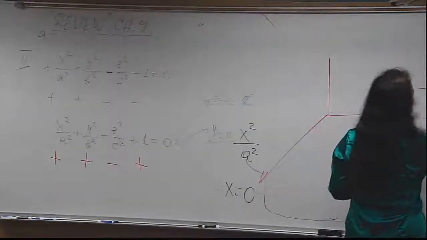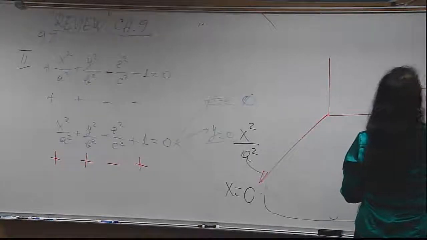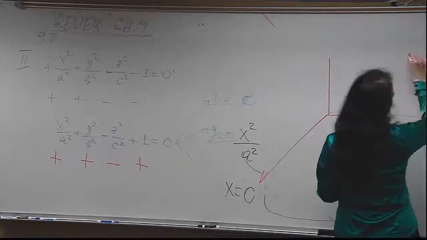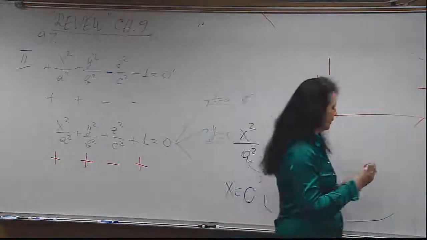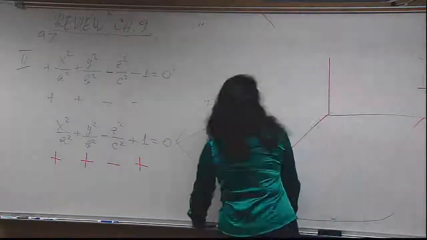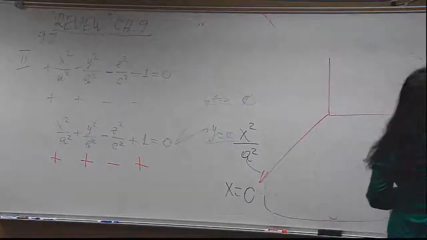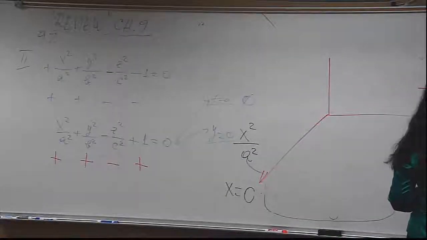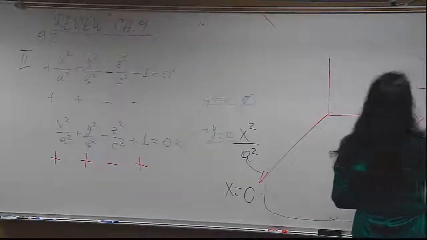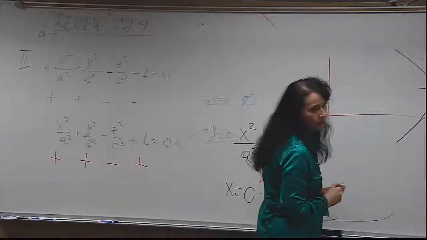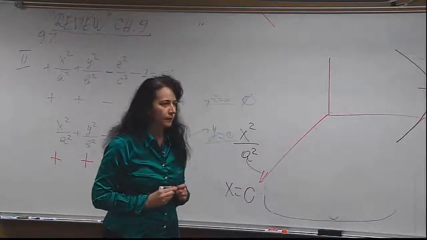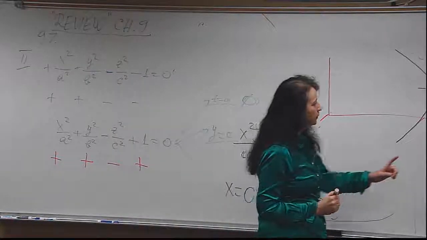That would be who the oblique asymptotes will be. And then for these oblique asymptotes, I'm going to have the standard hyperbola that looks like that. What if I put a plus here and a minus here?